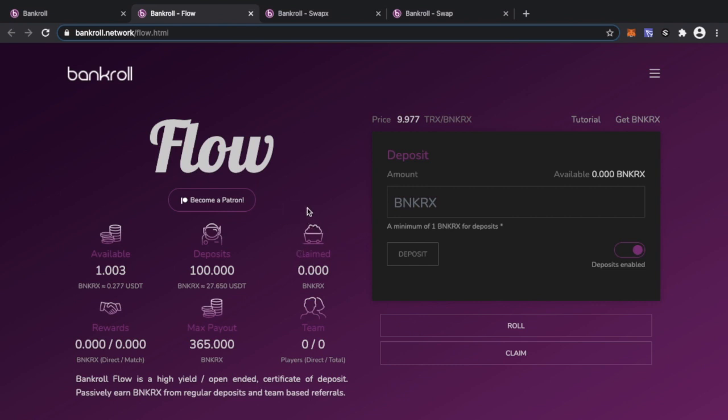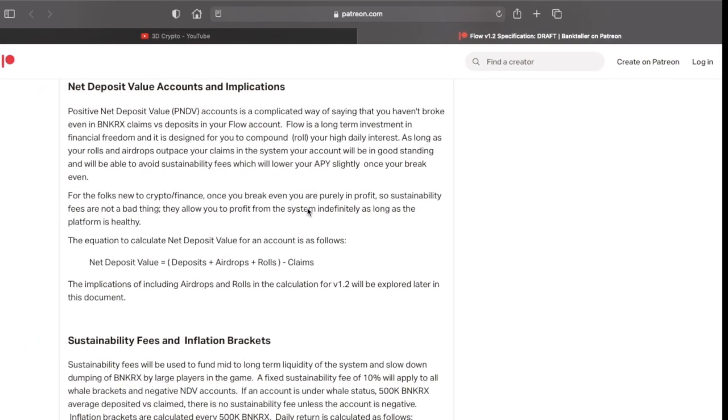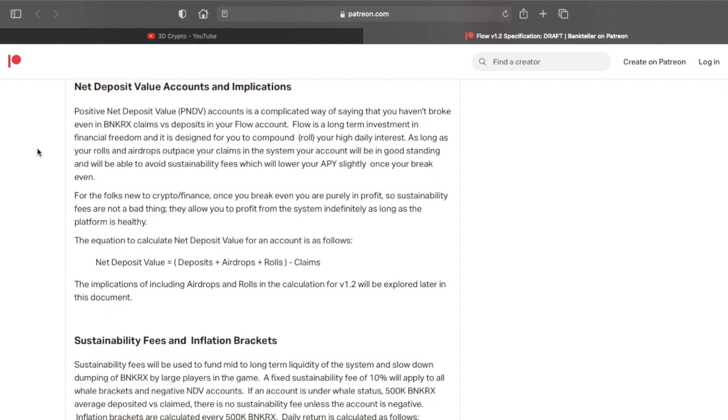Right, so why are net positive and net negative so important? As Bankteller has said in the draft for Flow version 1.2, the way you get net positive and net negative will have different effects on your account. I'll talk about the differences, but first I will talk about how you can get net positive.